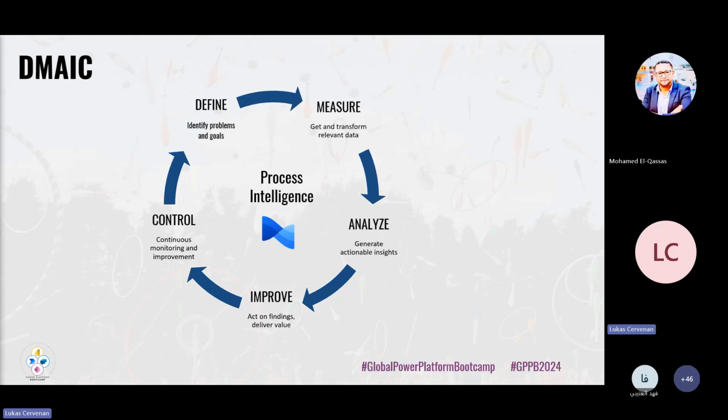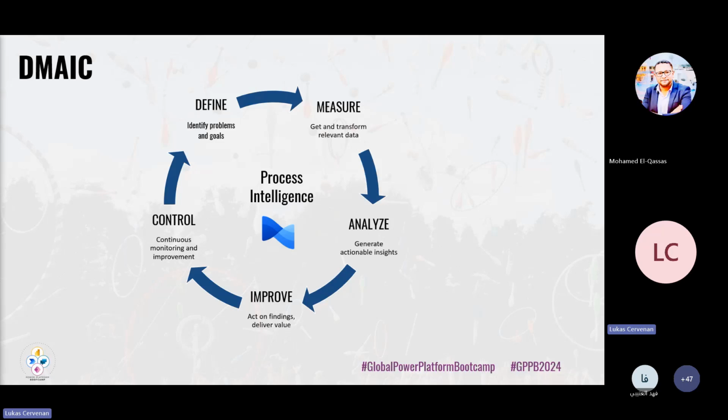This is, I would say, the standard methodology from Lean Six Sigma practices. Those of you who are familiar with this, it's pretty much the same thing, just on steroids. Let's put it in a simplified way. So DMAIC stands for define, measure, analyze, improve, and control.